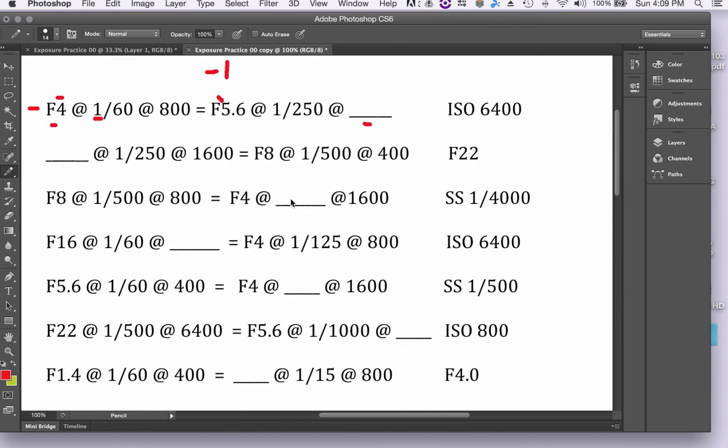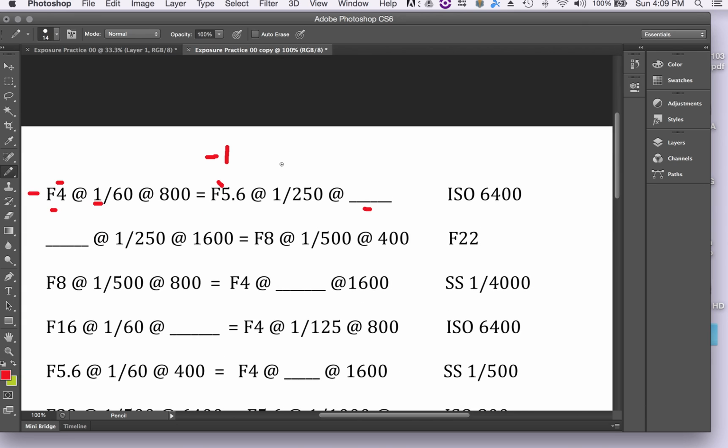So in this case, a -2, for a total of -3. So what you need to do is compensate on your ISO by +3, right? So that this side equals this side.